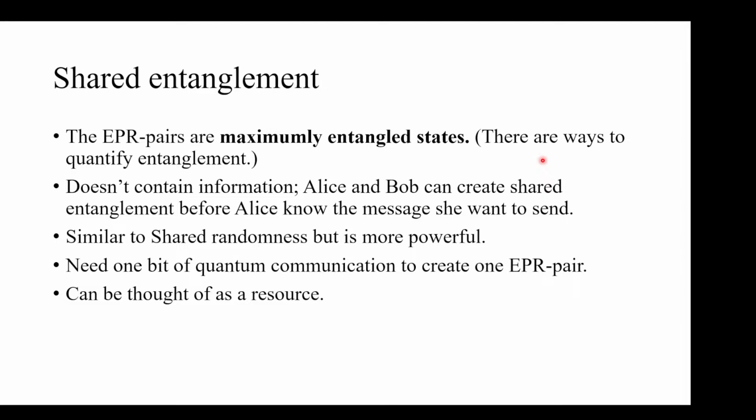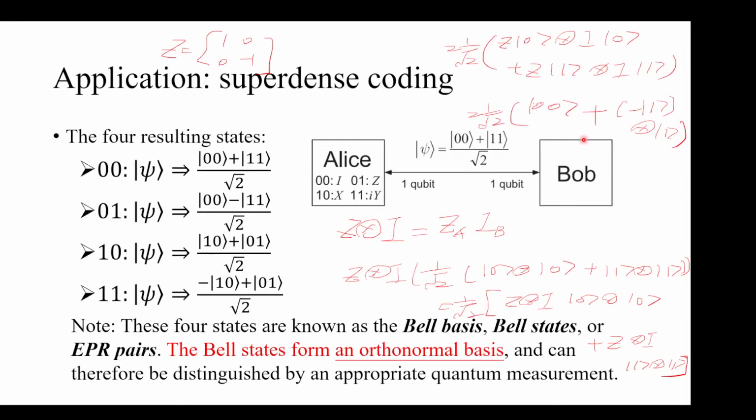That seems kind of like cheating, but the nice part about shared entanglement is that it doesn't contain information. So even if you only have quantum communication between Alice and Bob, maybe they have some downtime, and they can just keep creating those shared entangled states.